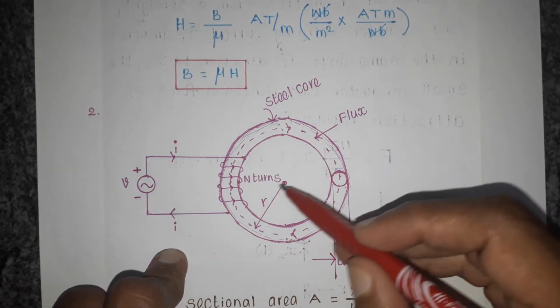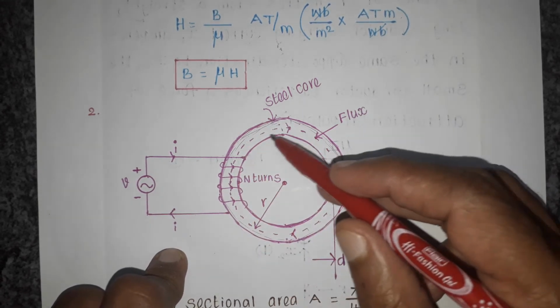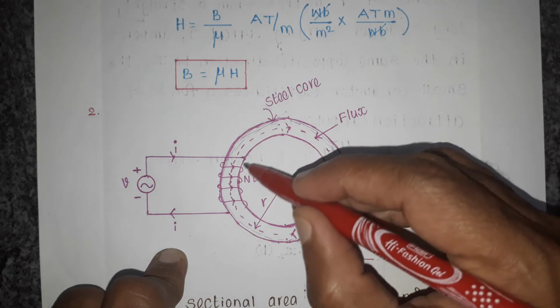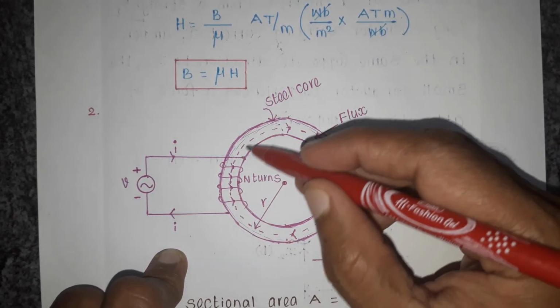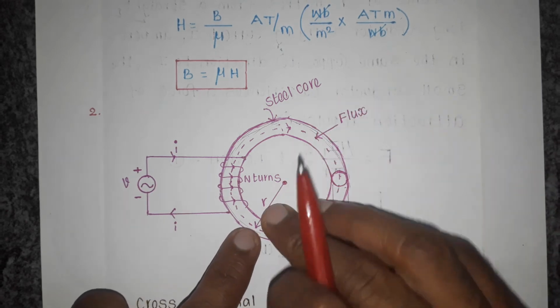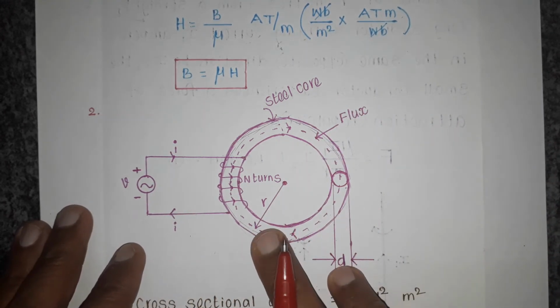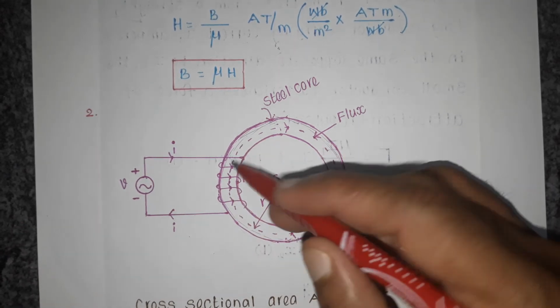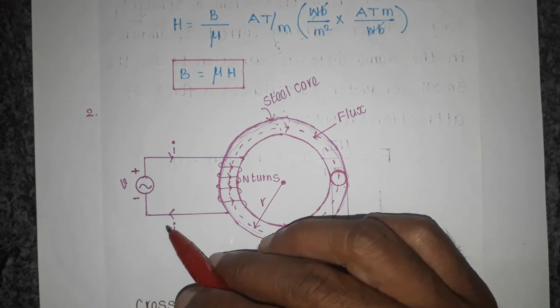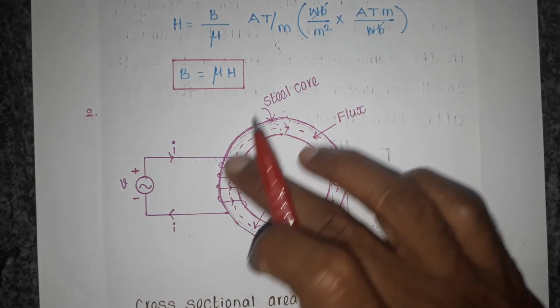And here R is the mean radius of the circle. There is an inner circle and an outer circle, and R is the mean radius, not the inner radius or the outer radius, it is the average radius. Here the number of turns is N, the current passing in this winding is I, it is a steel core, and there is a flux passing in this direction.